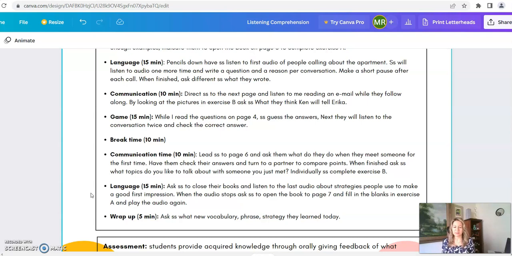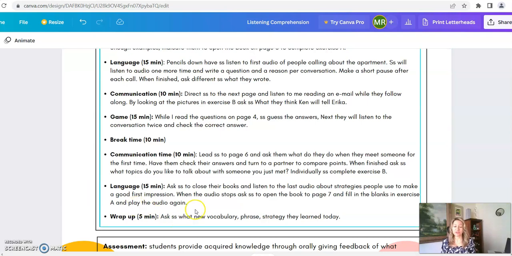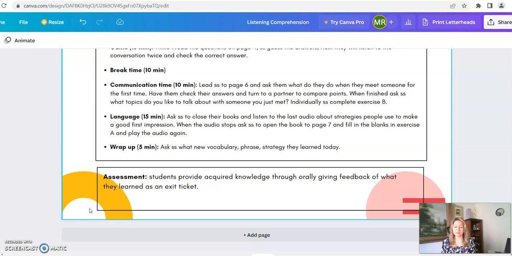So this time I'm going to ask them what they learned, what vocabulary, what phrase, what strategy about the audio they learned. And that is going to be the assessment, which says students provide acquired knowledge through orally given feedback of what they learned as an exit ticket.